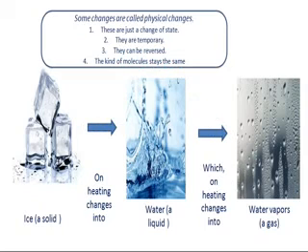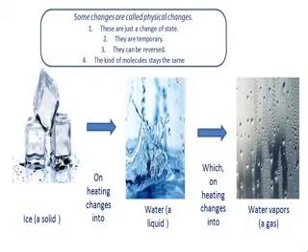Now let's see some examples. Take water. If you lower the temperature, it becomes ice, and if you heat it up, it becomes steam. So here the physical form is changing, solid, liquid and gaseous, but the molecule remains the same.